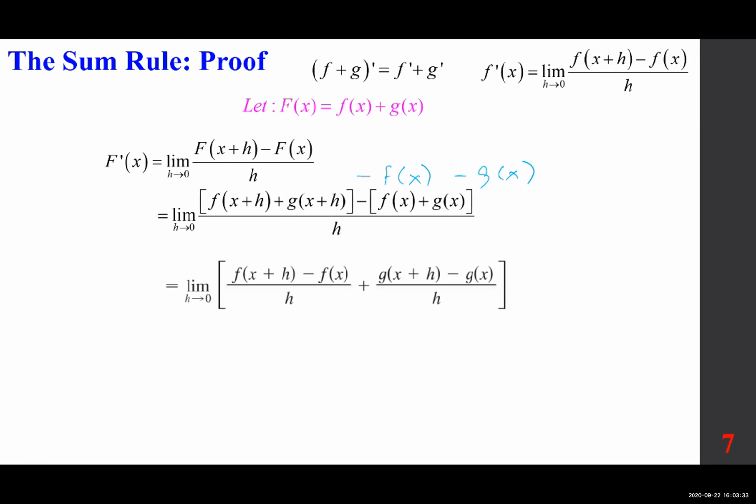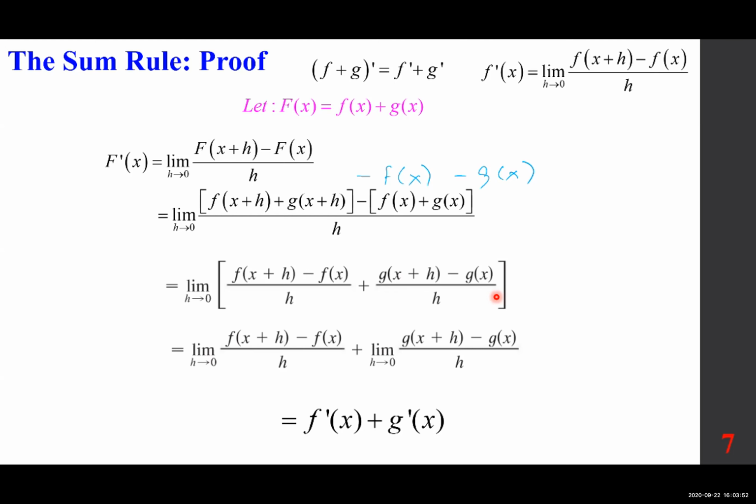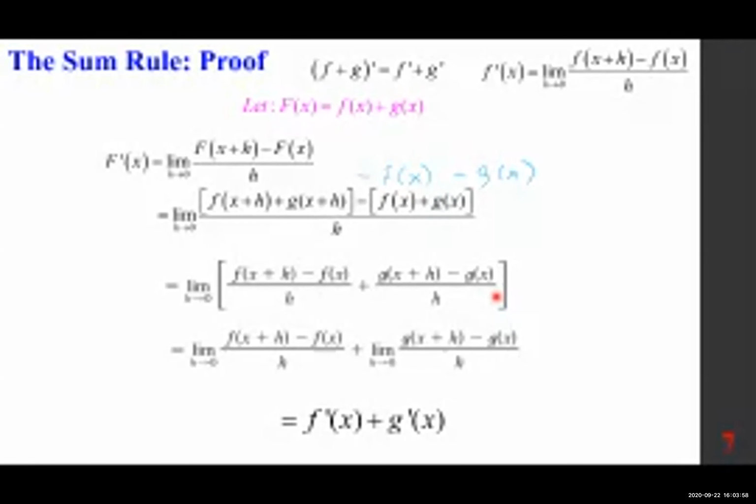That's what it is, okay? And so with that being the case, if we put together this one and minus f of x gives us this, and this one gives us this one. So I'm going to separate them into two pieces, and it's f prime plus g prime. This is a very simple proof, class. I hope everybody is comfortable with that, and nobody has any problem with it.